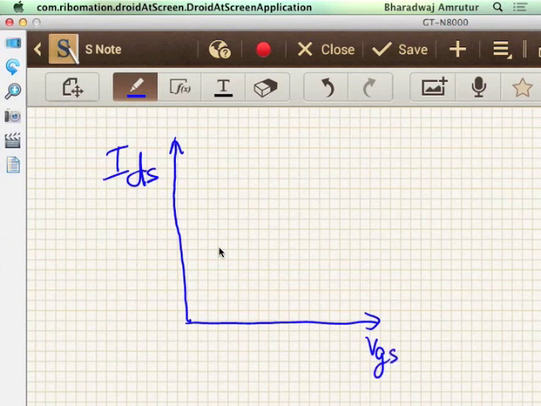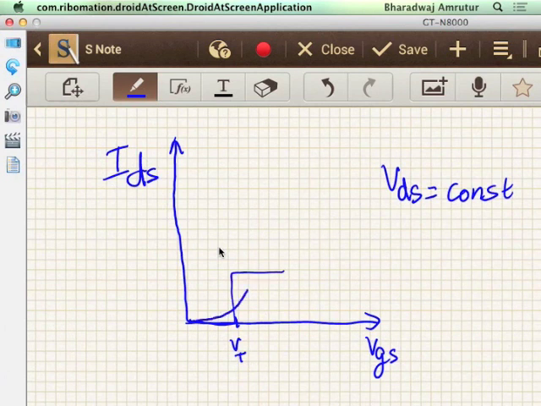It will look like there is a point here, VT, and VDS is constant. So a digital representation will kind of look like this, but really what happens is you have something like this.